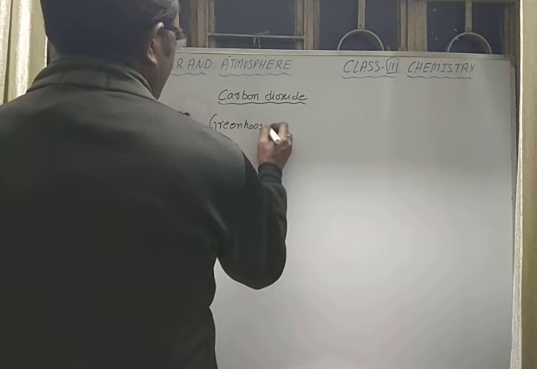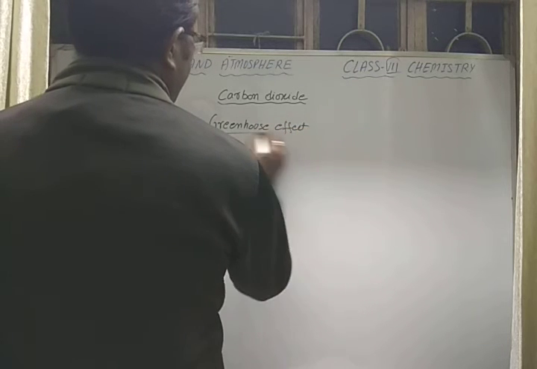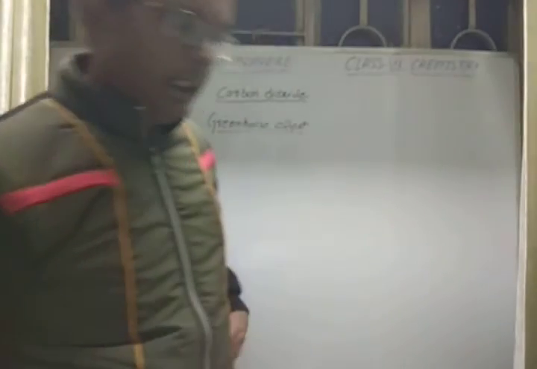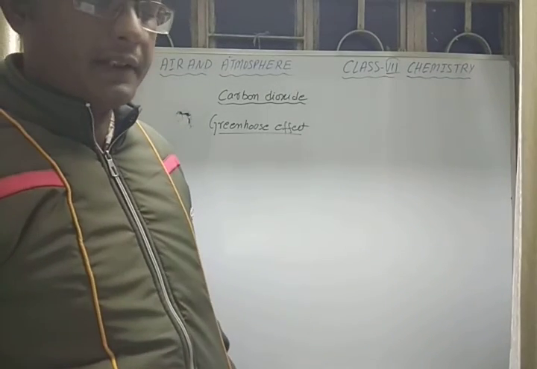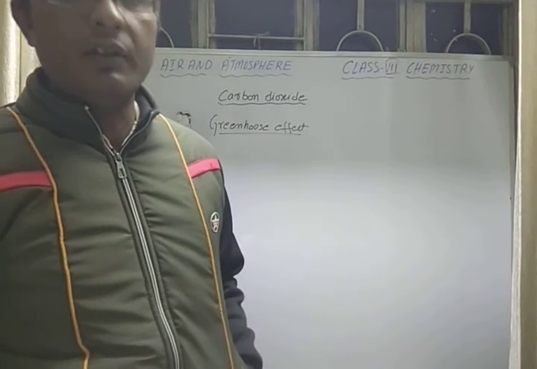Greenhouse effect. What is this greenhouse effect? The phenomenon in which the sun's heat reflected from the earth's surface is trapped by gases in the lower atmosphere is called the greenhouse effect.